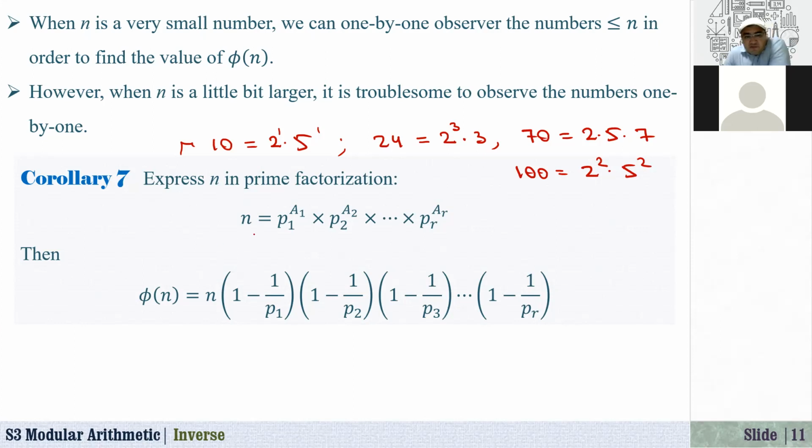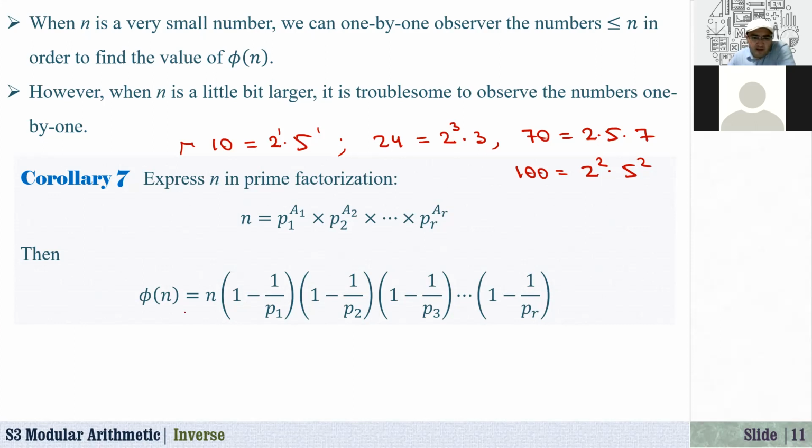Now suppose that we are given n, and this is p1 to the power of a1 times p2 to the power of a2 times dot dot dot pr to the power of ar. That is the prime factorization of the number n. Then our Euler function, this phi of n, is equal to this. Here we are not going to prove this. We can just take this as a fact and use it to solve our questions.